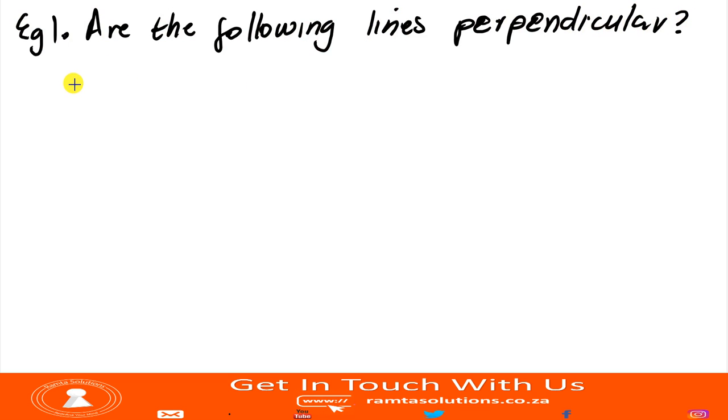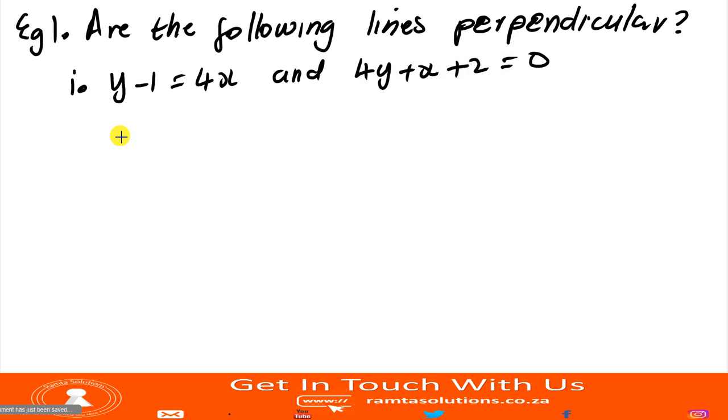Roman figure 1, we're looking at y minus 1 equals 4x and 4y plus x plus 2 equals 0.